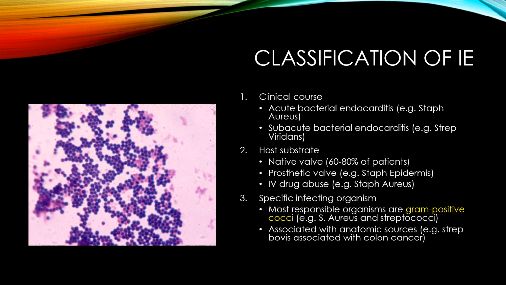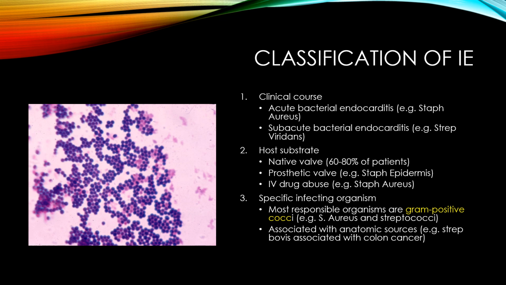Now, in addition to the fact that most commonly they're gram-positives, they are also usually associated with anatomic sources. So remember, our body has normal flora and other bacteria that line our skin and our mouth, as well as our GI. And so, as an example, if the things lining the colon, right? So if somebody were to have, say, colon cancer and getting a biopsy done through a colonoscopy or something like that, Streptococcus bovis is located there and could cause bacteremia.